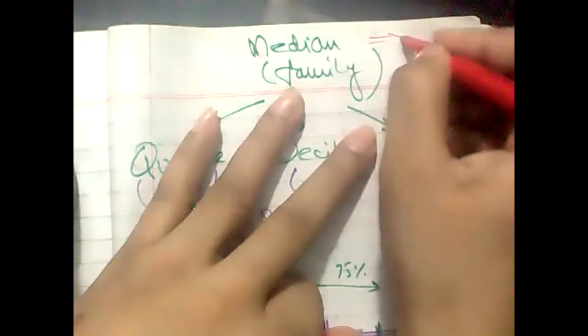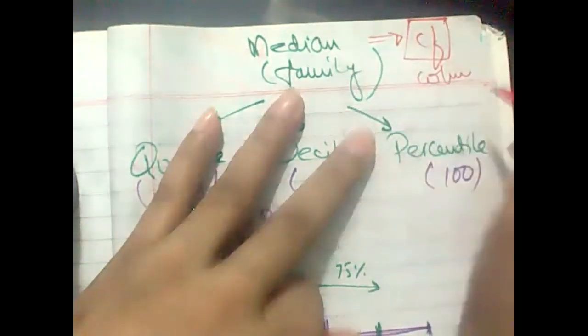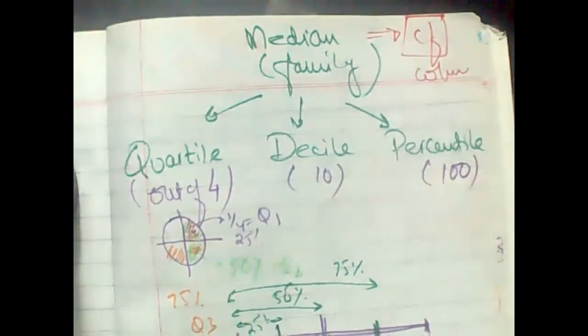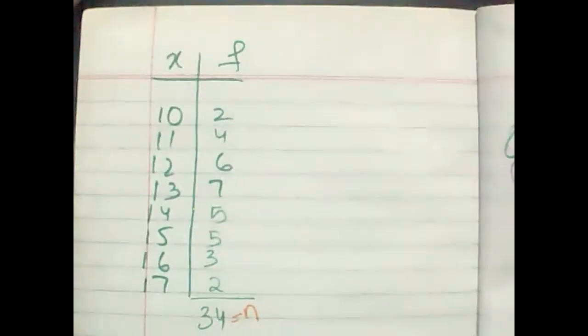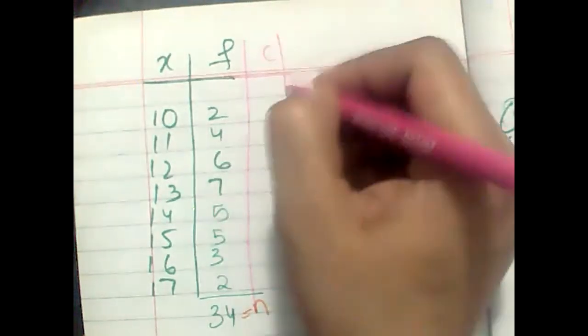CF column, right? So, keeping the same philosophy, whatever we have to find, quartiles, percentiles, deciles, we need the CF column. All right. So first thing I will do, I will form the CF column.